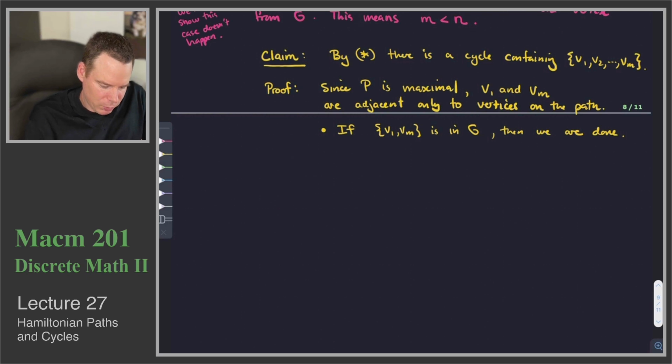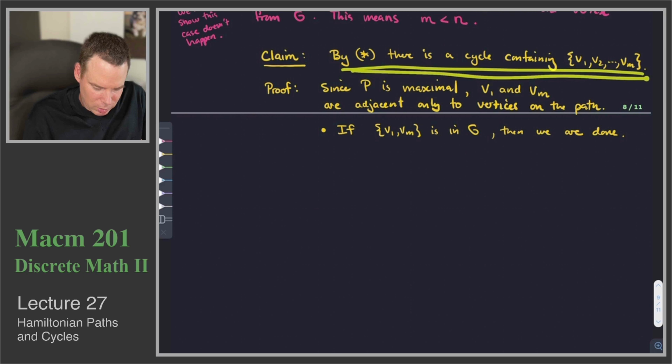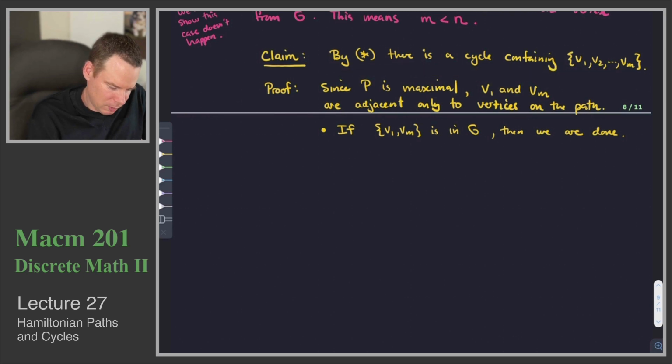We have found that cycle containing the vertices. That's what I'm trying to prove. There's a cycle containing those vertices. So then we're done because we have V1 connects to V2 connects to, and so on. We've got our underlying path up to Vm, and then we have this edge that makes a cycle.